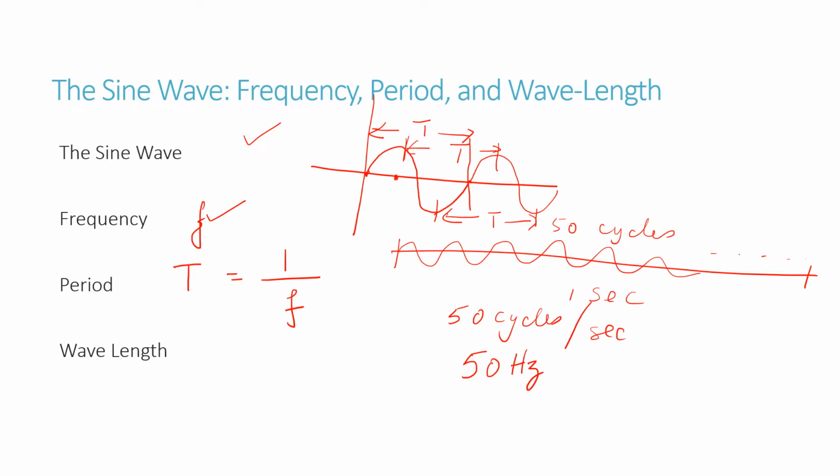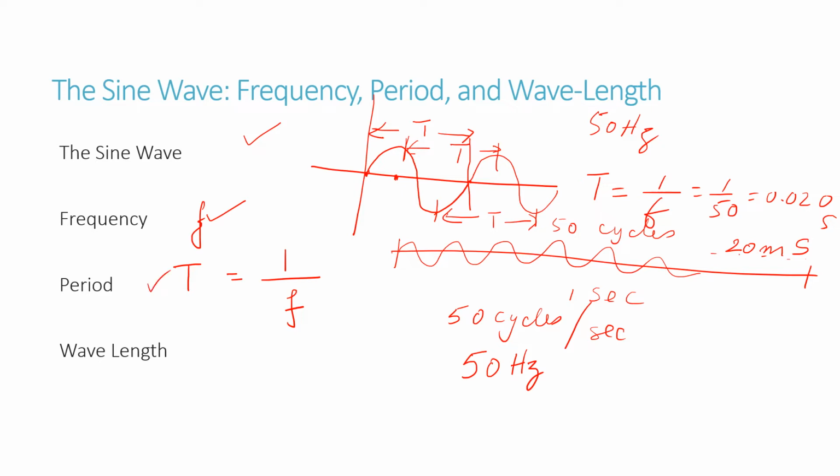So in our case, let's say 50 hertz, the period T equals 1 divided by F equals 1 over 50 equals 0.02 seconds or 20 milliseconds.